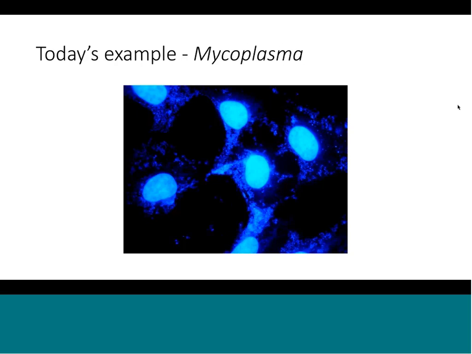Okay. So, today we're going to do an exercise that involves building trees with Mycoplasma genomes. Mycoplasma is a genus that lacks a cell wall, and because they don't have walls, they are not susceptible to many of the antibiotics like the penicillins or the beta-lactams that target cell wall synthesis genes.